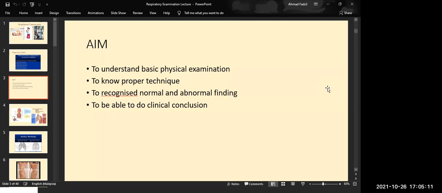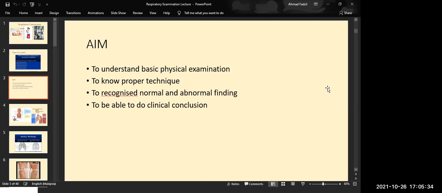I don't know how to do it now because of this COVID issue, and hopefully we can sort out the COVID issue, then we can do proper teaching properly. Because talking in the lecture and what you practice on your patient, starting with yourself, is different.